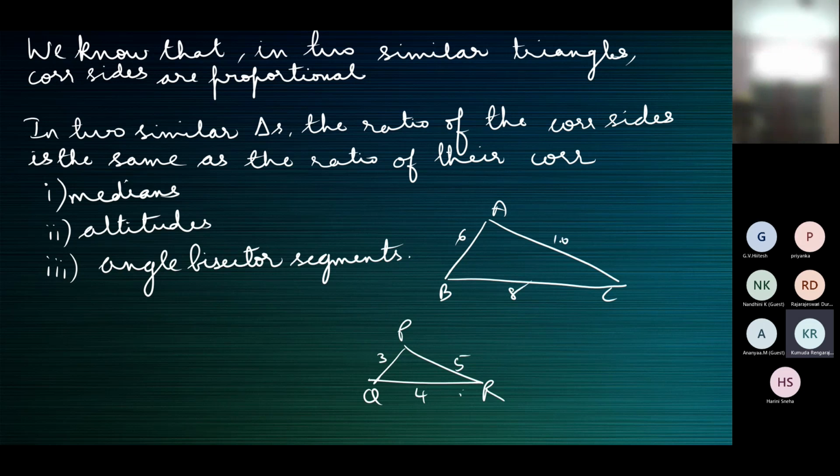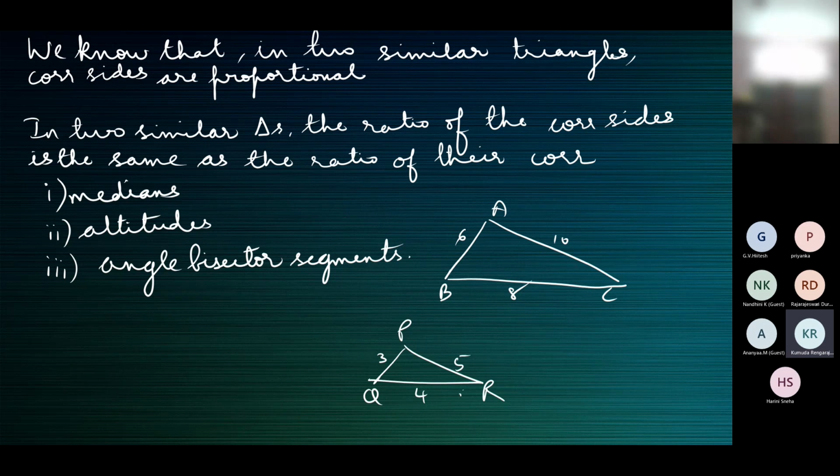Clearly the two triangles are similar because 3 by 6, 4 by 8, 5 by 10, the ratio is 1 by 2. So PQ by AB is 3 by 6, 1 by 2, QR by BC is 4 by 8, 1 by 2, PR by AC is 5 by 10, 1 by 2. So by the SSS similarity criterion, the two triangles are similar.